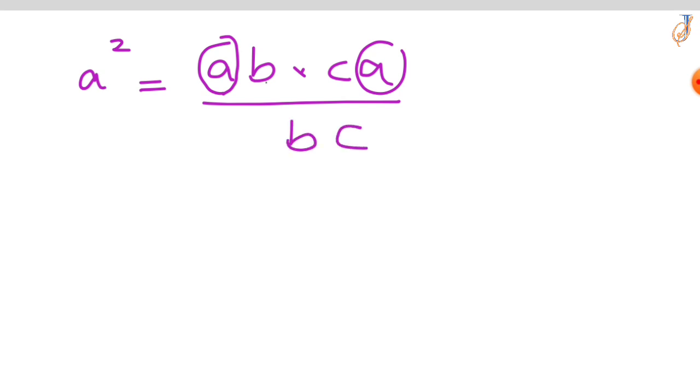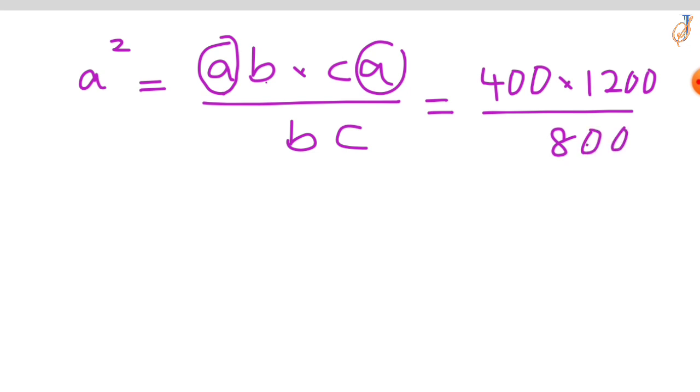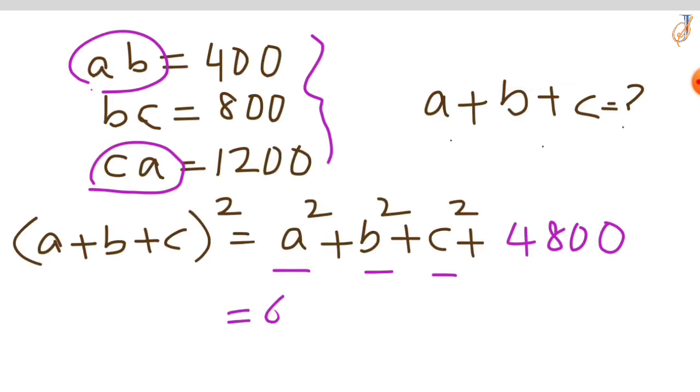AB times CA divided by BC gives A power 2. AB is 400, CA is 1200, BC is 800. After cancelling, you will get 600. So A power 2 is 600.